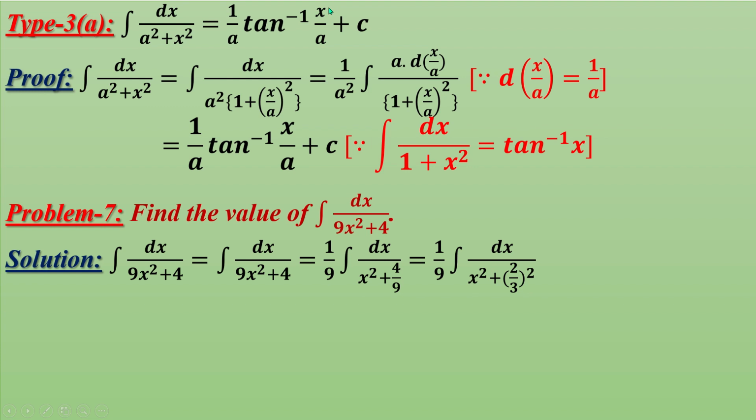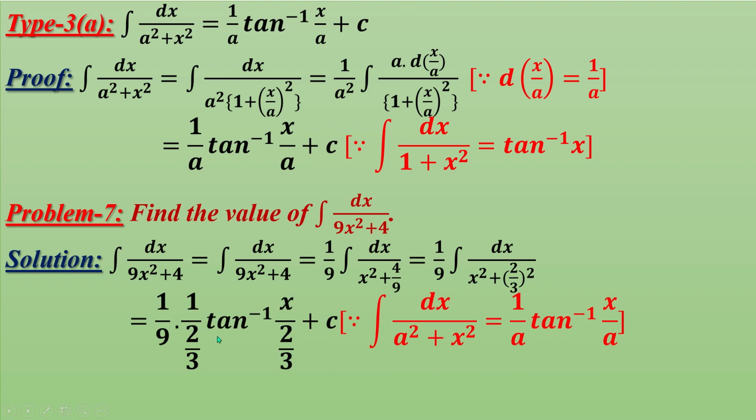Now this is of the form of the formula. So this equals 1 by a, with 1 by 9 fixed, and a is 2 by 3, so 1 by a is 3 by 2, tan inverse x by a, that is x by 2 by 3, plus c. Now calculating, we get 1 by 6. That means 3 and 9 cancel, here will be 3. That means 1 by 6 into tan inverse 3x by 2 plus c. This is the required answer.